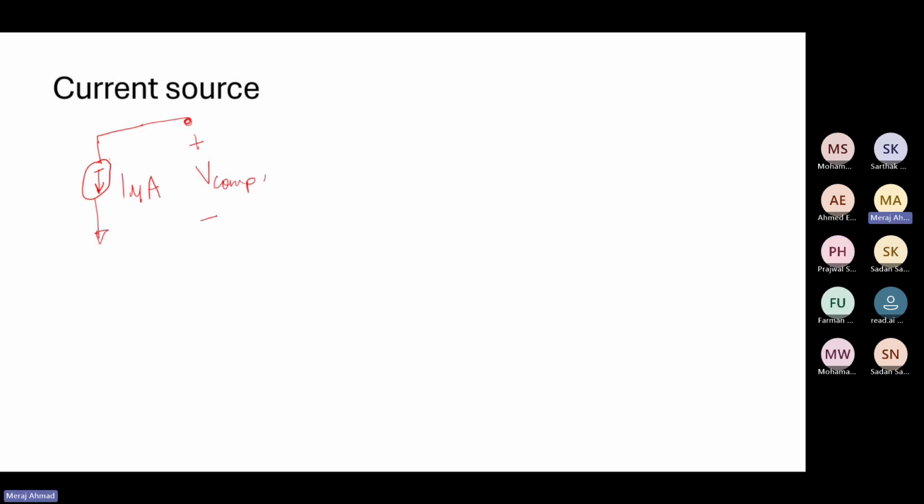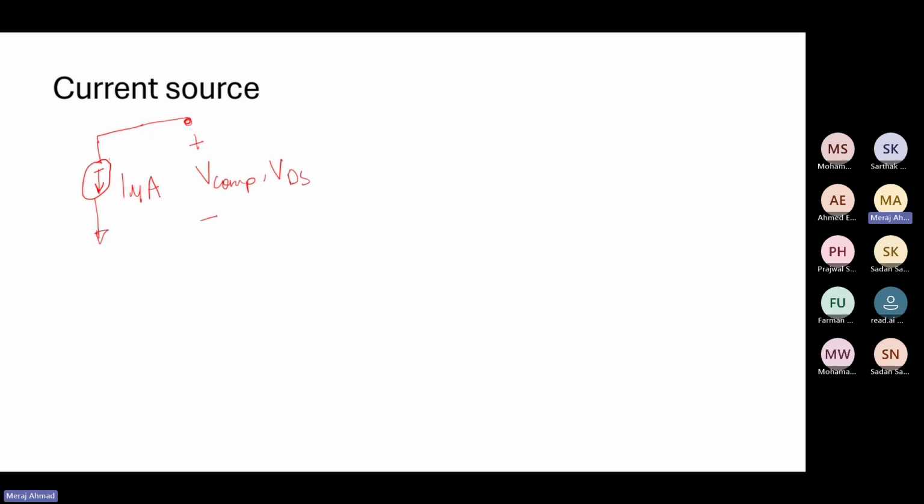If there is any issue with the audio or if anything is not clear, you all can interrupt. So if this is an ideal current source and I want to design it for 1 microamp current, and there is a potential across it, sometimes we call it V compliance. If it is transistor level, this is called VDS.